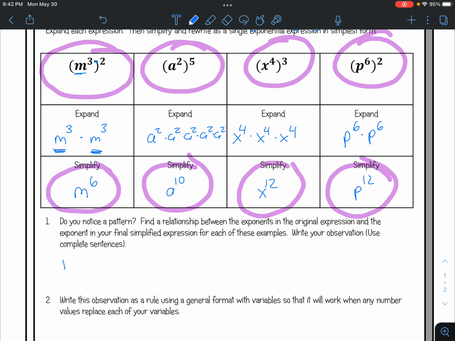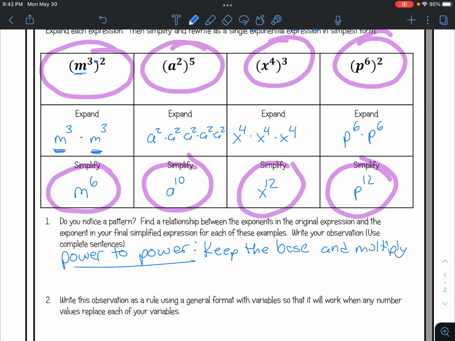It's called power to power, and it's when we keep the base and multiply exponents. Now don't worry, you're going to see a whole lot more practice of this in just a second. But that's our new rule that we are discovering.